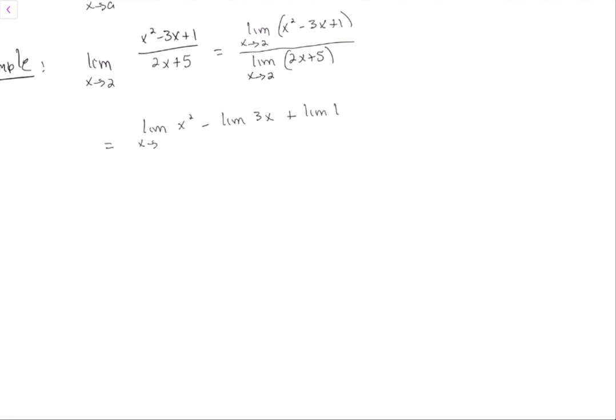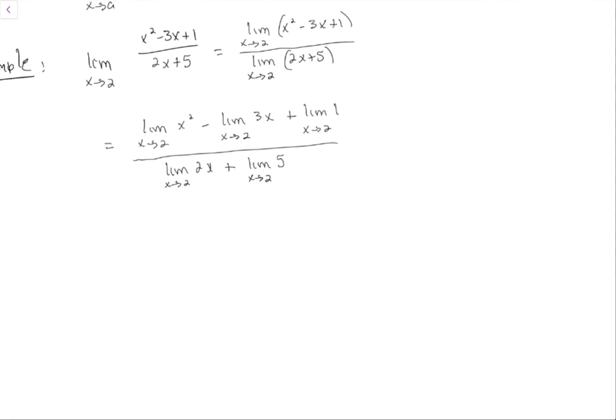And let me stay a little bit precise here: all of those limits are as x approaches 2. And then in the denominator, I'm going to have the limit of 2x and then plus the limit of 5. Again, the limit of a sum is the sum of the limits, and the limit of a difference is the difference of the limits.